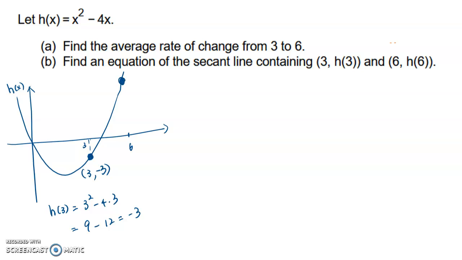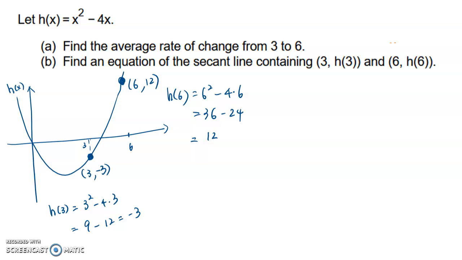And the other point will be at 6. That's the x value. The y value is h of 6, which is 6 squared minus 4 times 6, which is 36 minus 24, and that is 12. Okay, so 6, 12 is the other point, right?